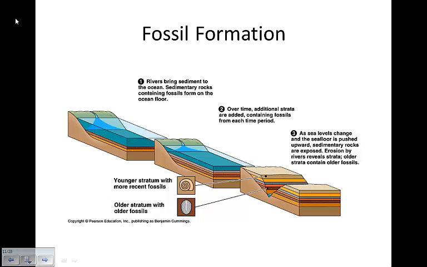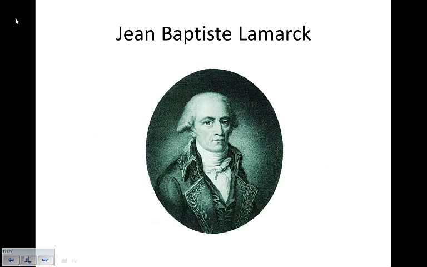What Cuvier proposed is his theory of catastrophism. This theory tries to explain why organisms seem to suddenly disappear from Earth, such as the extinction of the dinosaurs. Some catastrophic event must have occurred to cause their sudden, in geologic terms, extinction. Suddenly they're gone, and there has to be some reason for that.